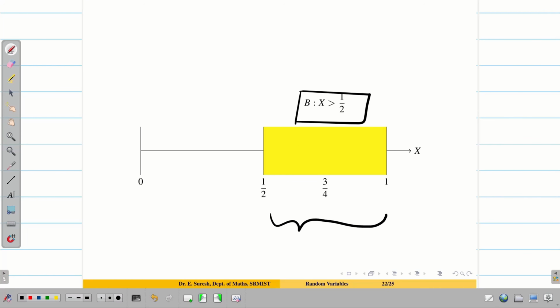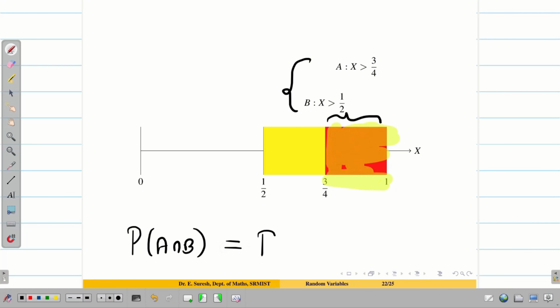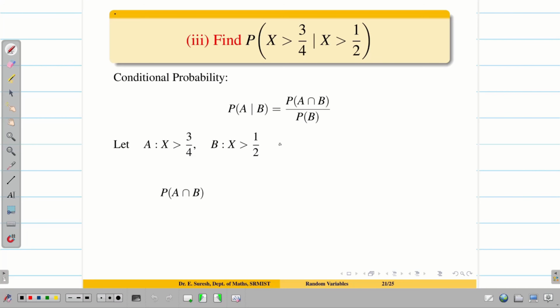So from 1/2, it reaches up to 1. But in the case of A, x greater than 3/4, it will take the values between 3/4 to 1. From this, I can see this region is common for both. Therefore, probability of A intersection B is simply probability of x greater than 3/4, the region which is common to both.